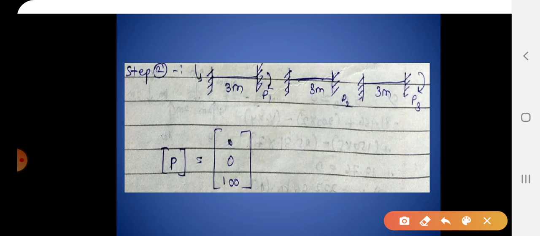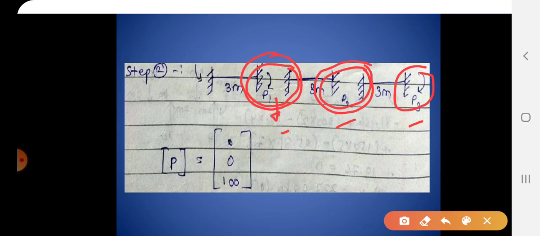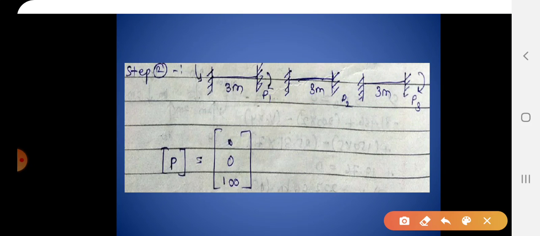In this example our unknowns are theta B, theta C and theta D. So the force required to produce theta B is moment at B, moment at C and moment at D. So P1 will be total moment at B, P2 will be total moment at C and P3 will be total moment at D. We will go one by one.